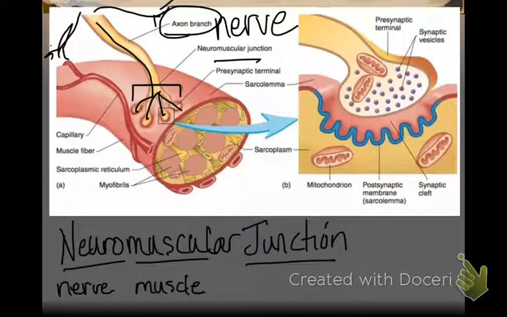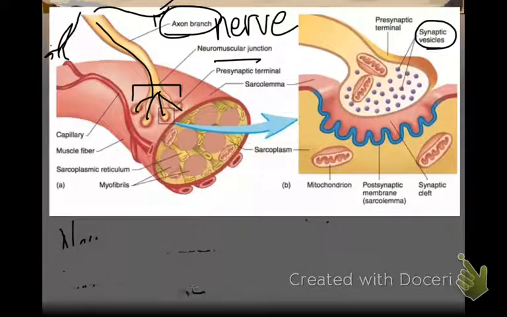So that's recruitment, another concept that is in your textbook. So, at this neuromuscular junction, you see the little synaptic vesicles. These are little packets of what we call a neurotransmitter. And so I'm going to erase this word here, and I'm going to write the new word, neurotransmitter.